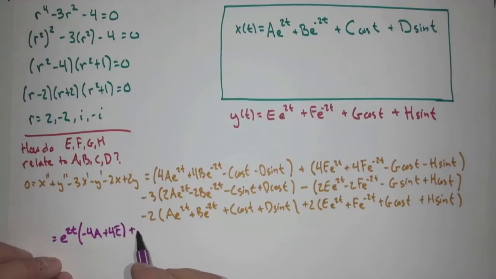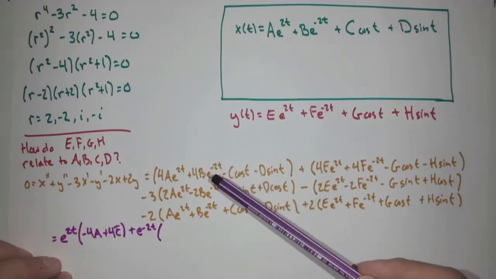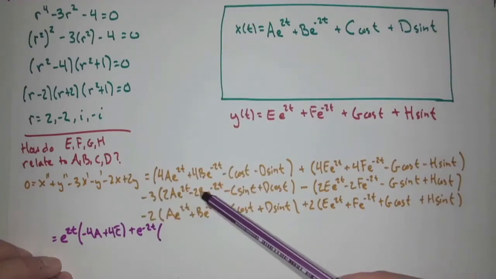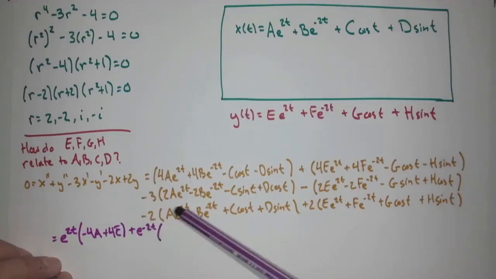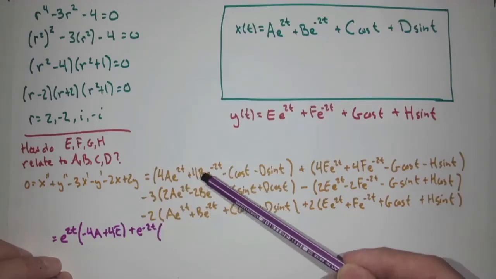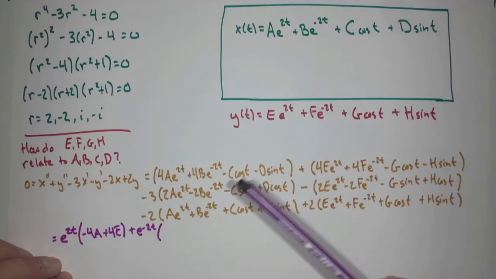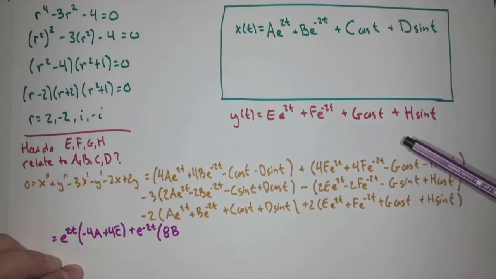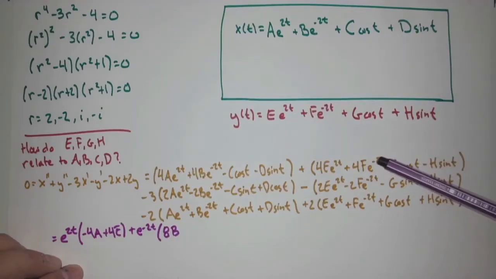Okay, now we'll go to the next term, e to the minus 2t. 4b. Minus 3 times minus 2b makes 6b. Minus 2 times b is minus 2b. 4b, add 6b, subtract 2b, 8b. Come to f.